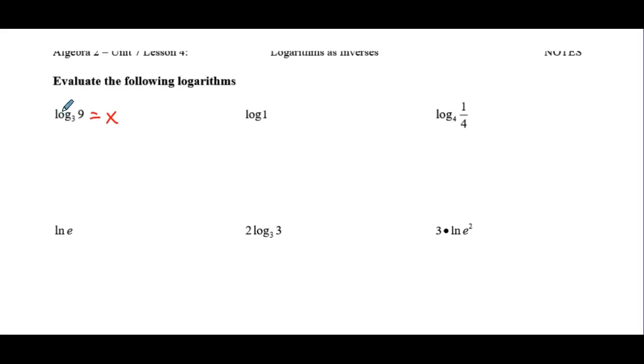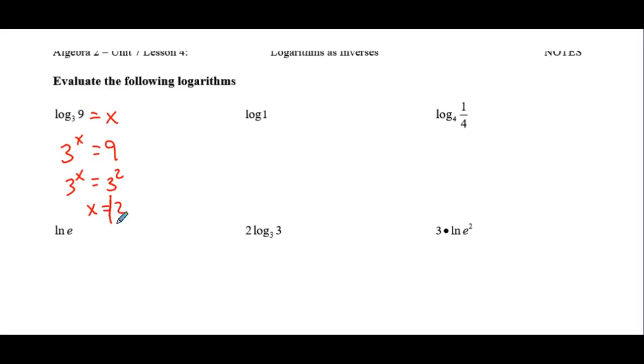So since I understand that this is equal to some number x, I can reevaluate it and say 3 to the x equals 9. Now you should be tying back to the day 3 notes and say, okay, well, 3 to the x equals 9, so 3 to the x equals 3 squared, so x equals 2. So log base 3 of 9 is equal to 2.